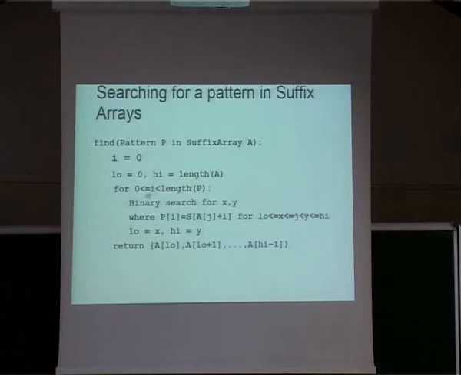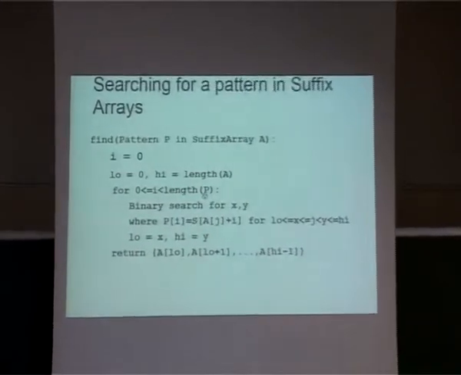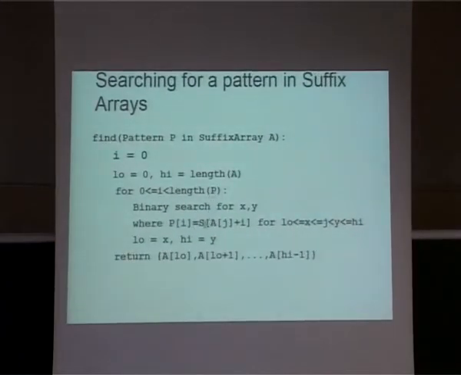For all the characters of pattern P, starting from the first character, we do a binary search for the x and y locations of this character in the suffix array. We reset low and high based on this character search, and continue the search again.